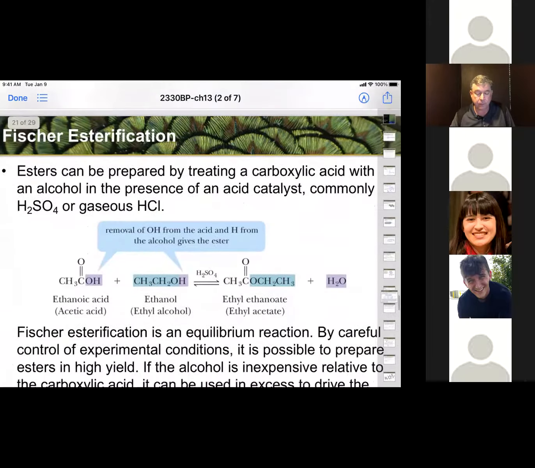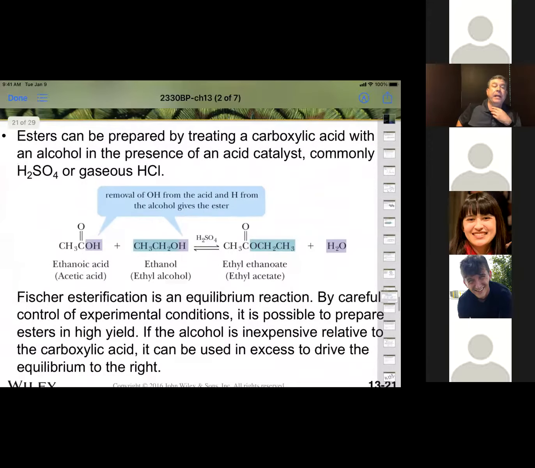Okay, so here's another reaction that can happen. We call it the Fischer esterification, and it's an equilibrium reaction. Okay, so the idea here is that you can take the carboxylic acid and react it with an alcohol in the presence of an acid catalyst.